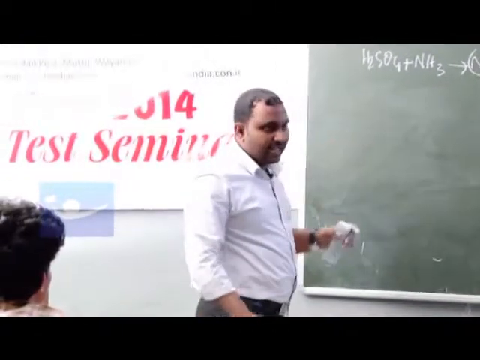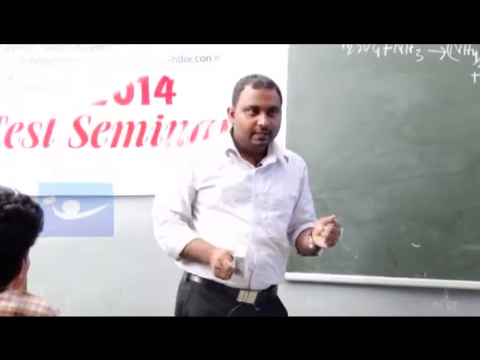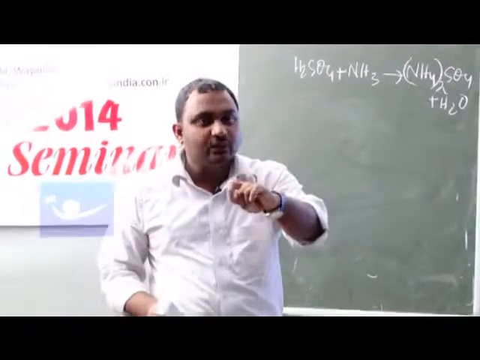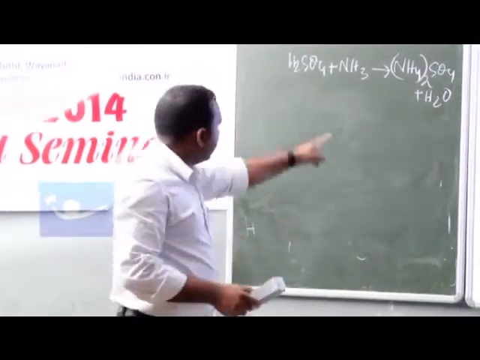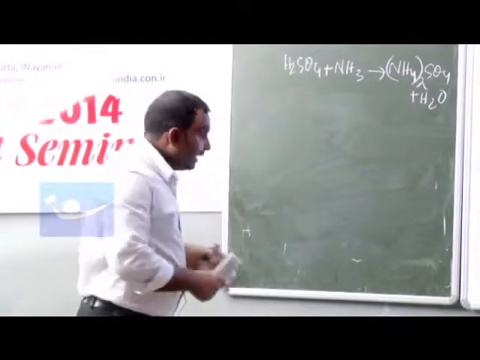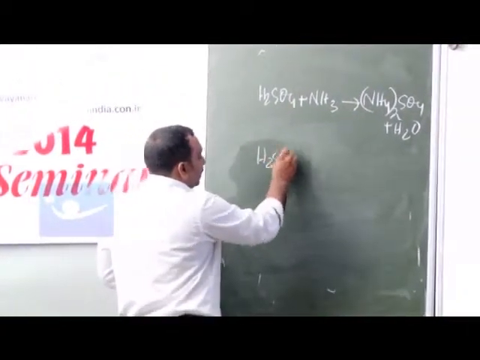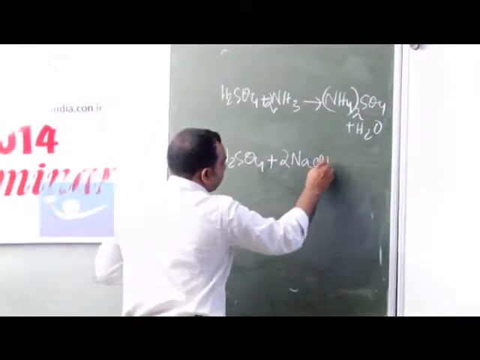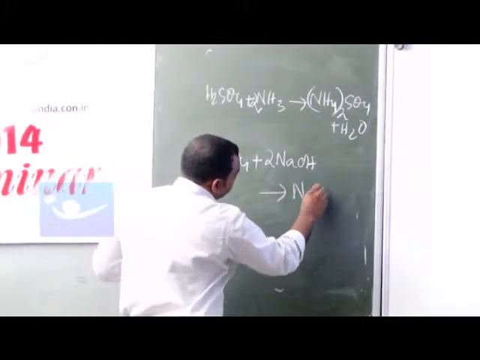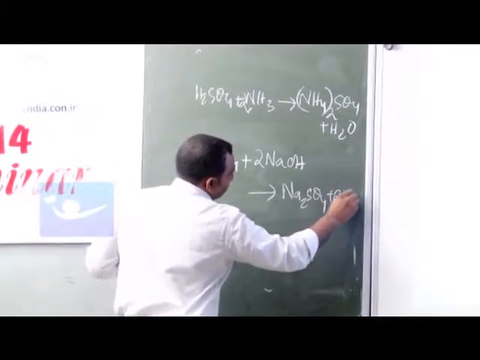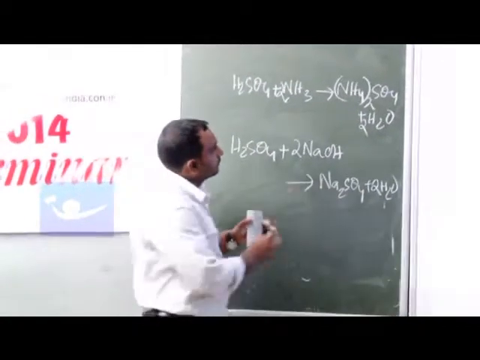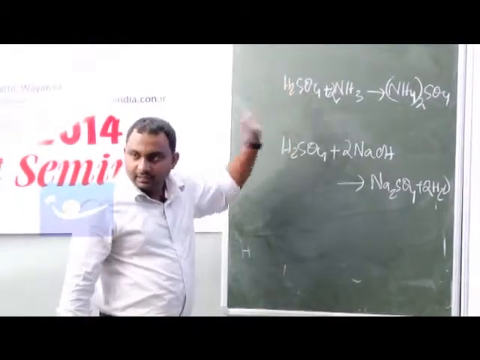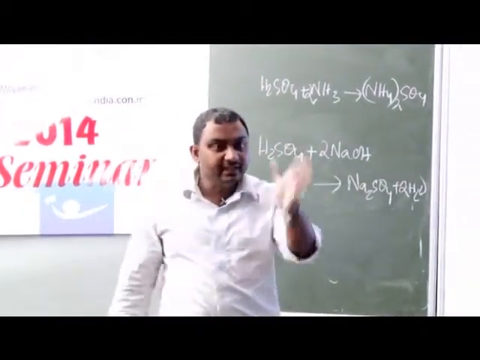And one more thing happens, you take some amount of H2SO4 and that will be treated with whatever ammonia is available, which is produced out of the nitrogen present in the organic compound, and the reaction happens, and the remaining amount of H2SO4 will be treated with 2 NaOH, you will be getting Na2SO4 plus 2 H2O, right? I'm sorry, here H2O is not required. Fine. If you know this equation, you can easily answer.